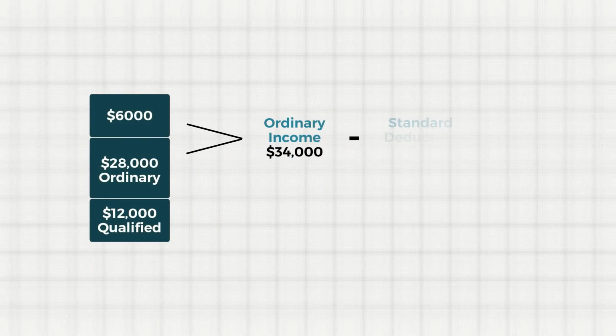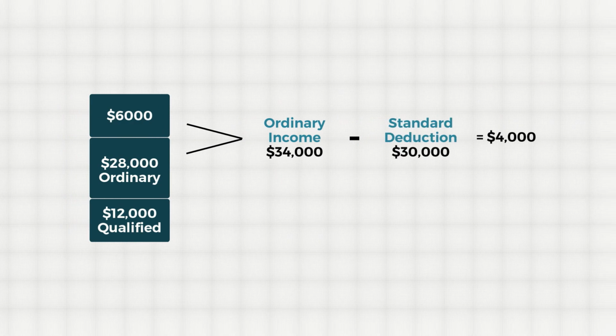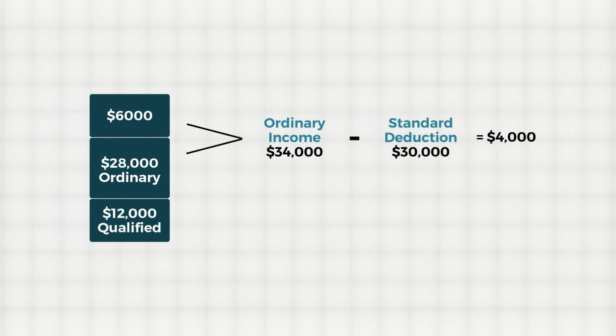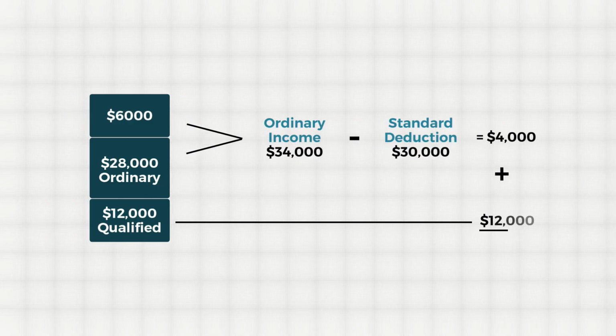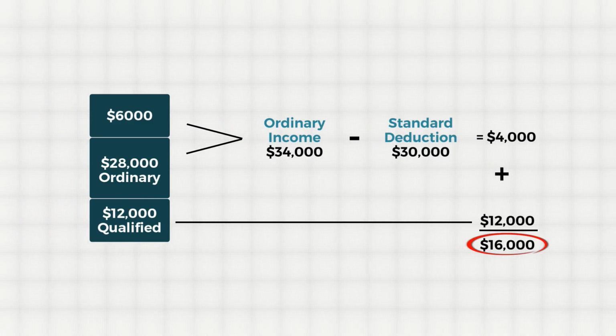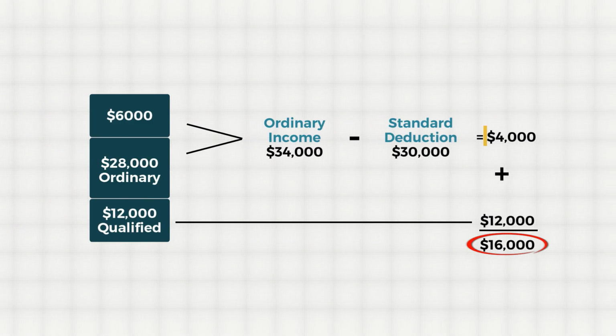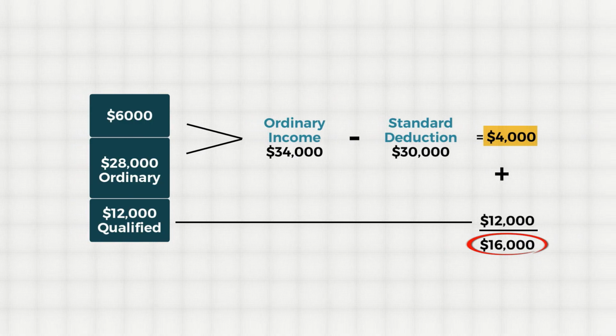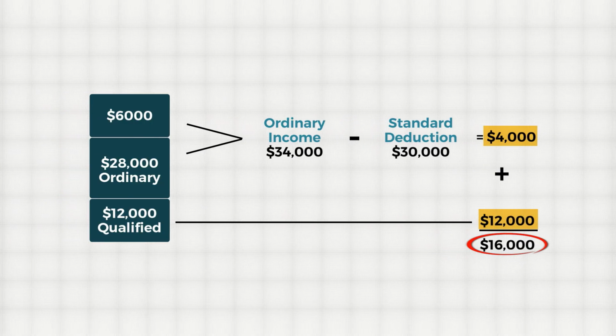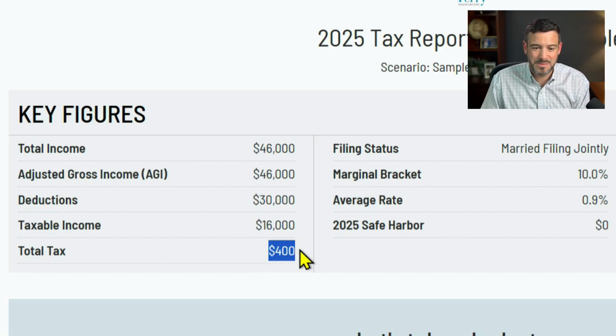So that standard deduction is going to be taken off of that total income, but what's going to be left out of this $16,000 is really going to be a portion of their ordinary income and all of their qualified dividends. And their total tax is going to be $400.